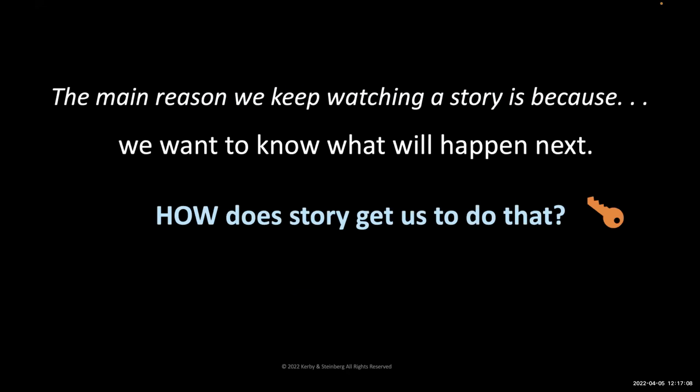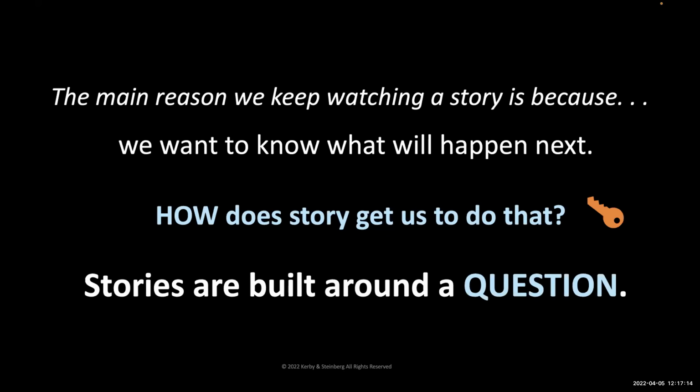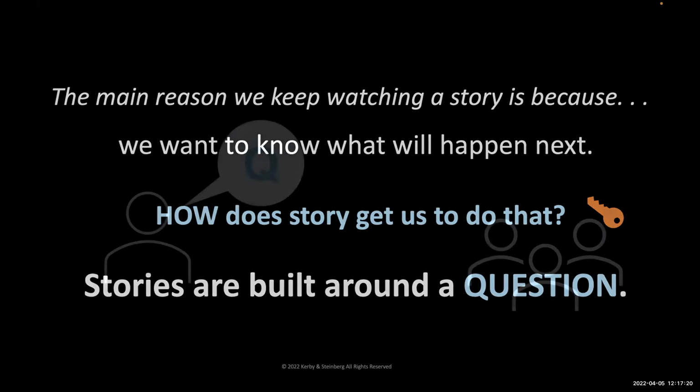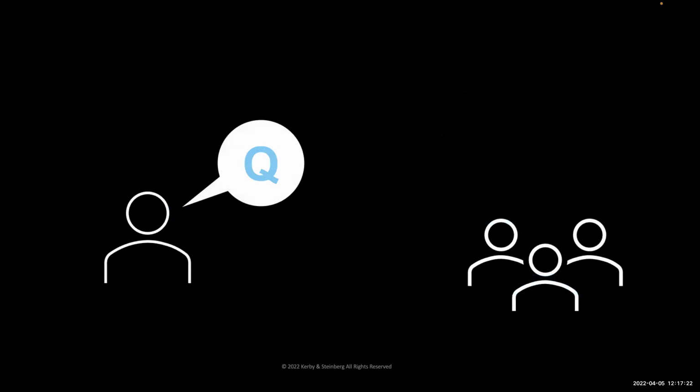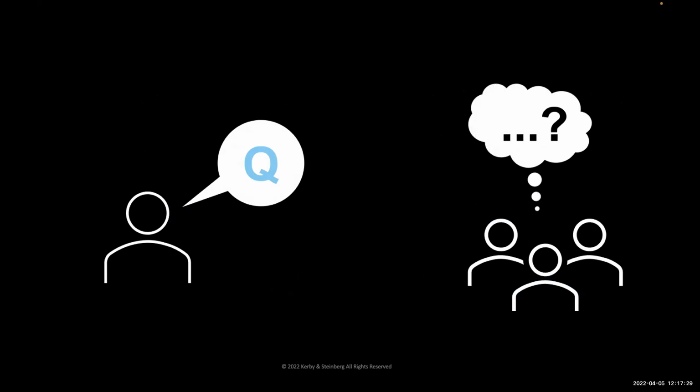Well, this is the third key and probably the most important in research talks. And that is that stories are built around one main question. Questions have this amazing power over us. When we hear a question, there's a space that opens up in our brain.